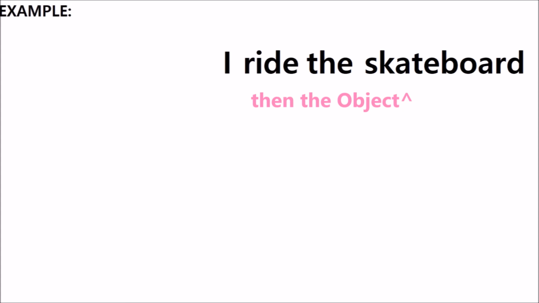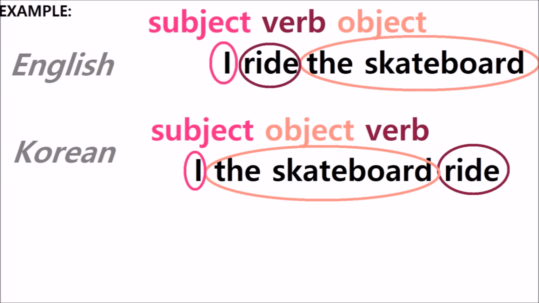I ride the skateboard. But in Korean, they do it differently. They say subject first, then object, and then verb. I, the skateboard, ride. In Korean, the verb almost always comes at the end of the sentence.